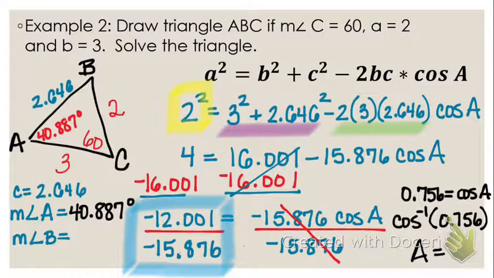A lot of cosines just takes a lot of space. So the measurement of angle B is going to equal 180 minus 60 minus 40.887.